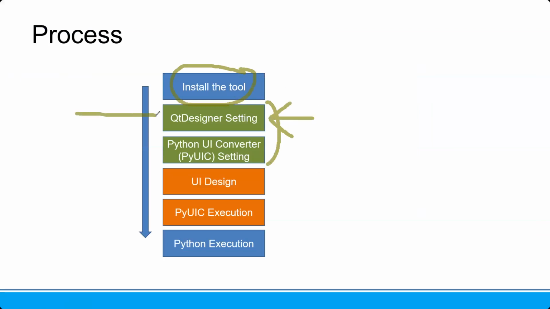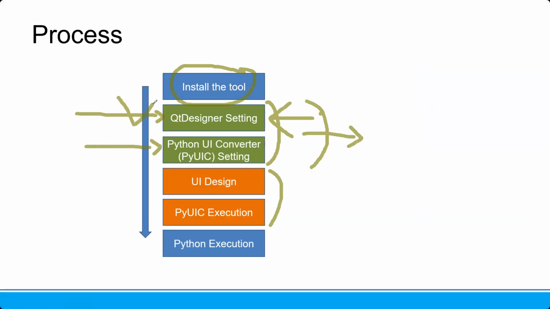So the first and the second might have some problems during the installation, but let's see later. If you can do well on these two settings, then I think there will be no problem with the next one.